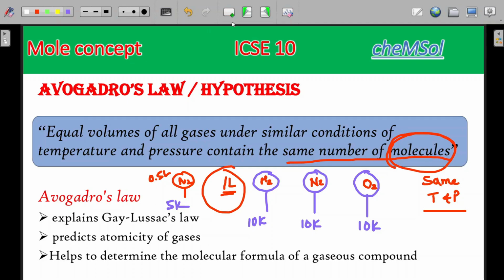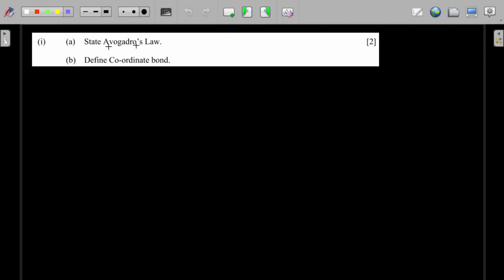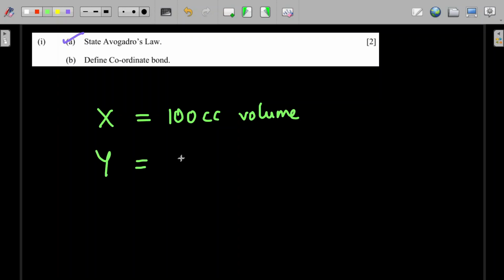Okay, let's see, this is a question they have asked: define or state Avogadro's law. The statement you have to write correctly. Now imagine there is one gas X, which has 100 cc volume, and another gas Y, it has 50 cc volume.